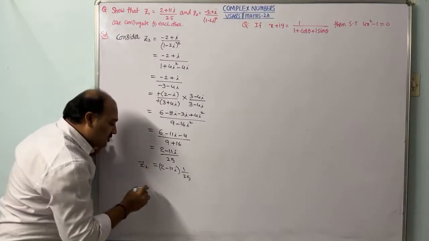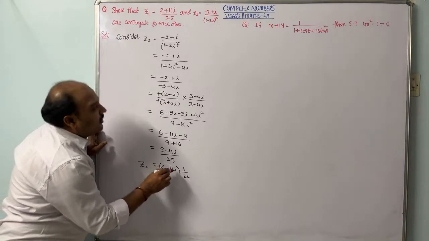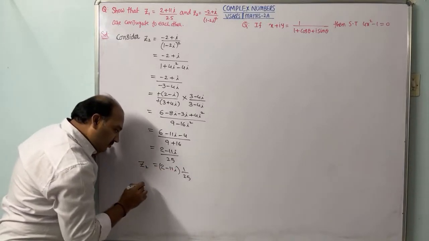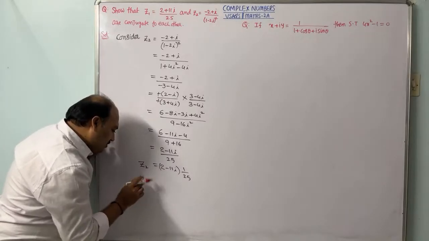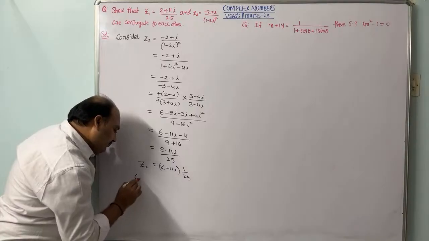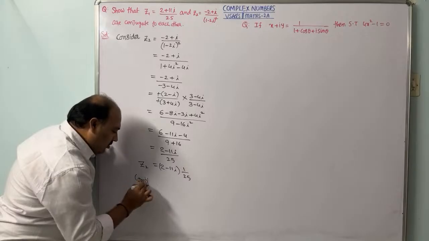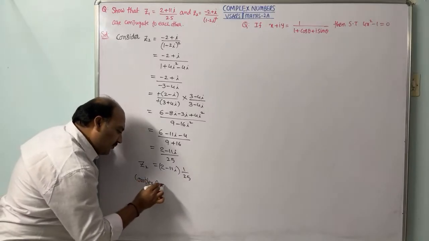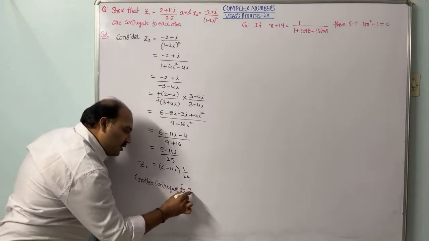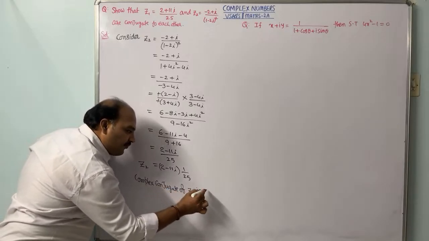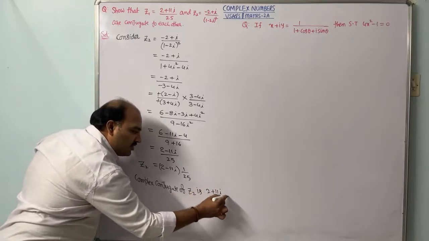So the complex conjugate of Z2 is 2 plus 11i divided by 25, which is Z1.